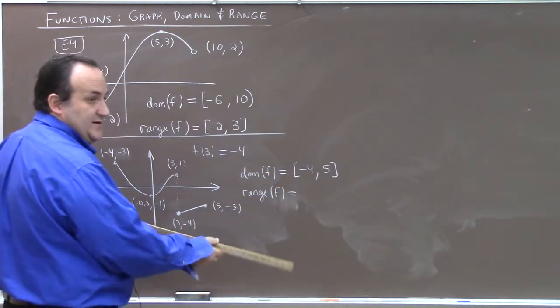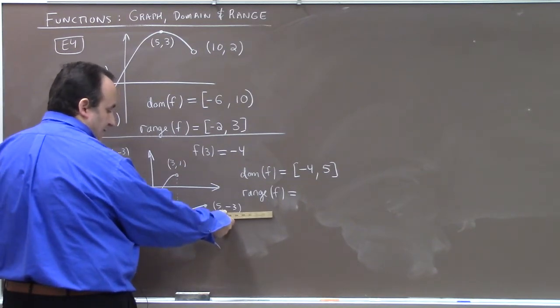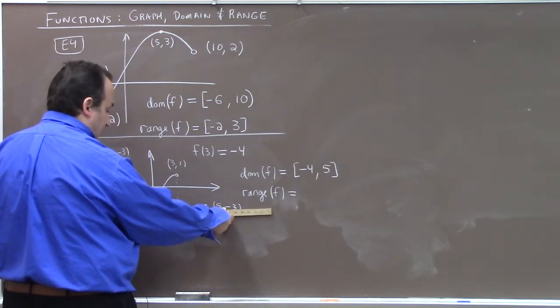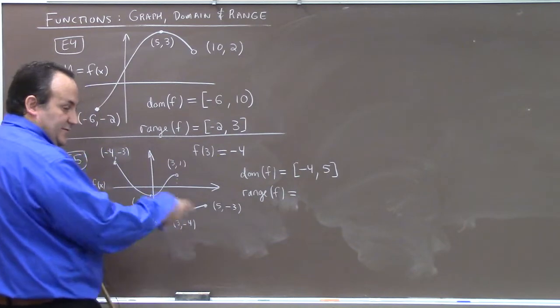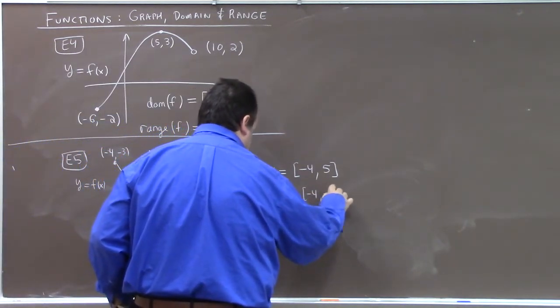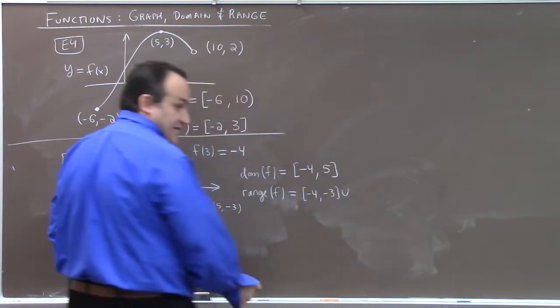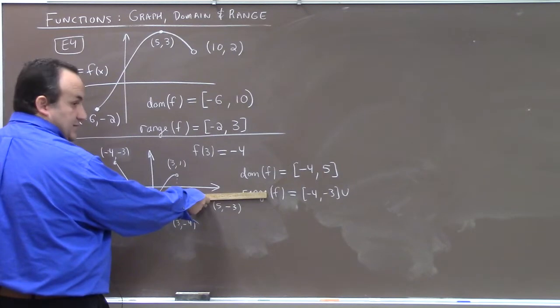So what I was telling her is you've got to look at horizontal lines to figure out the range. So like here, we got minus 4, right? And we keep getting stuff all the way up to minus 3. But then we got nothing for a little bit. So to start with, we got minus 4 to minus 3. Then there's a jump until you get up here to negative 1.